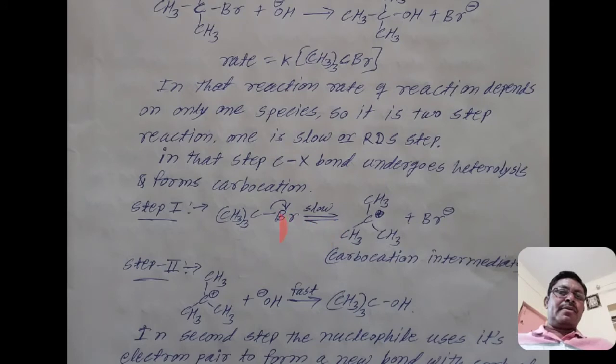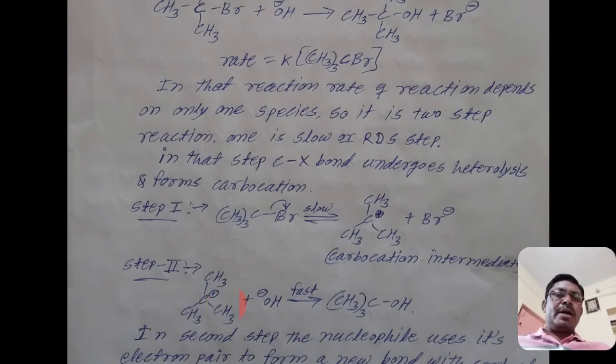It is formed when the bond breaks unequally, or heterolytically, and we get a carbocation intermediate in the first step. The first step, the breaking of the bond between halogen and carbon, is the rate determining or slow step.